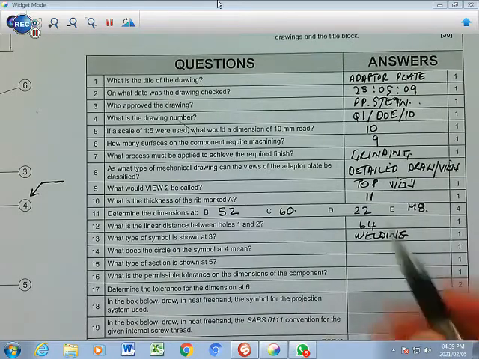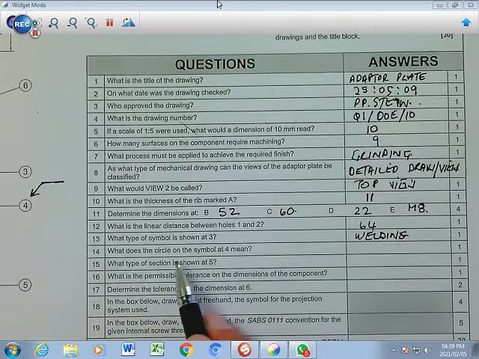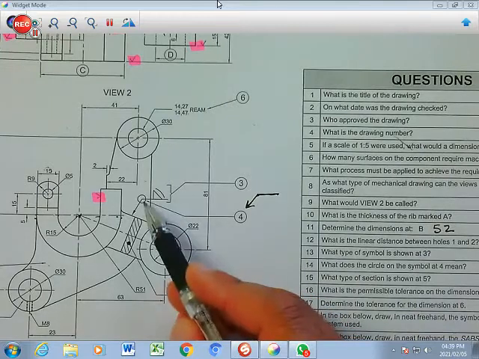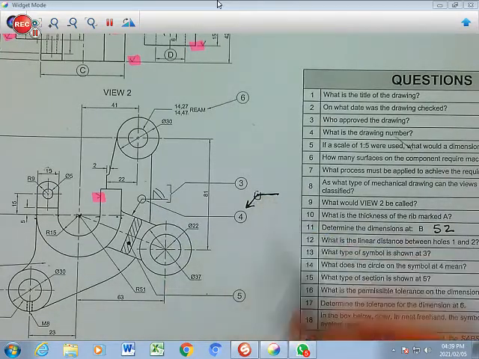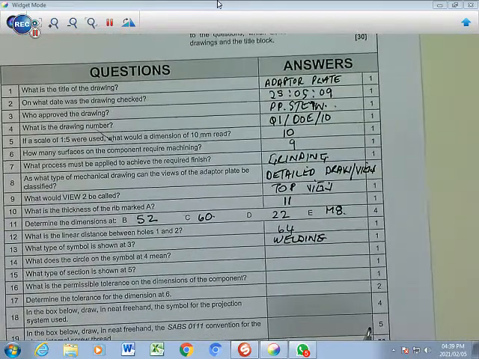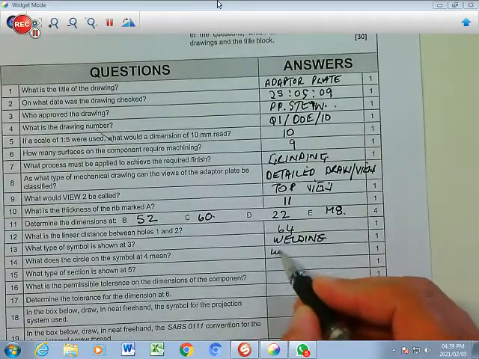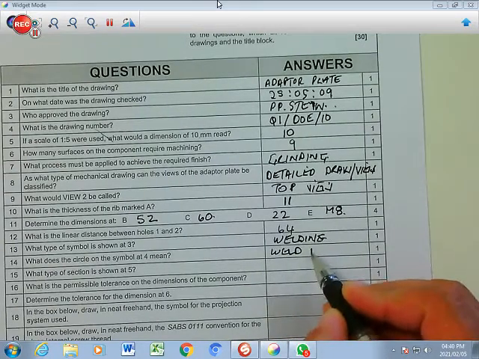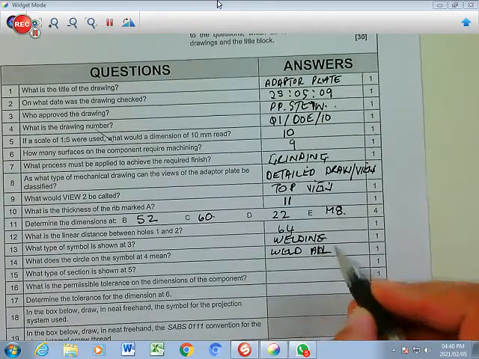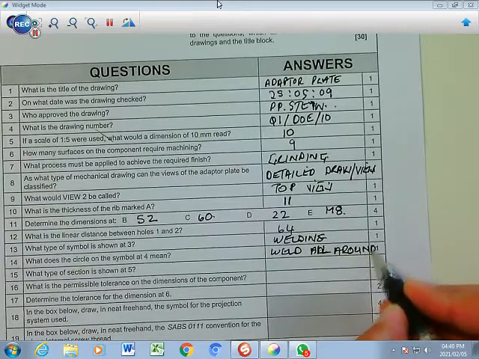Okay, and then number 14, what does the circle on the symbol at 4 mean? Going back to the symbol, there's a circle on the kink part of your welding symbol. That basically means, also a grade 12 question, that you weld all around, meaning weld all around the component. I will explain it quickly.